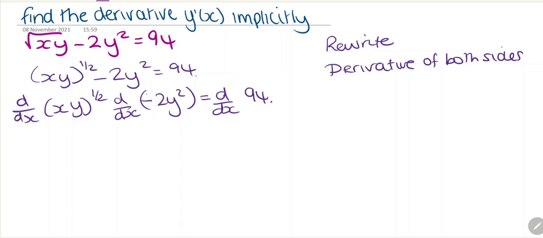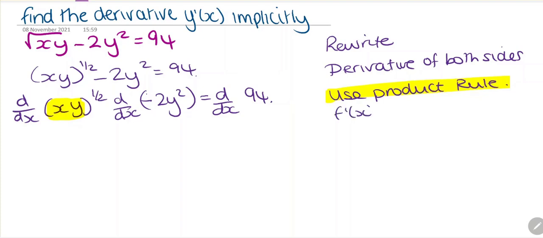So we'll notice that we have two terms here, and when we have two terms, we need to use the product rule. This is f prime multiplied by g of x plus f of x multiplied by g prime of x.